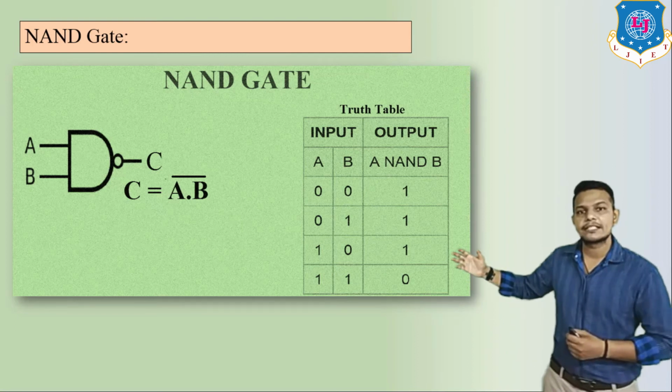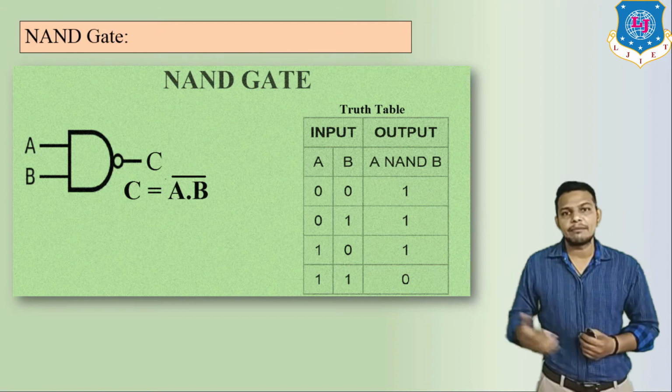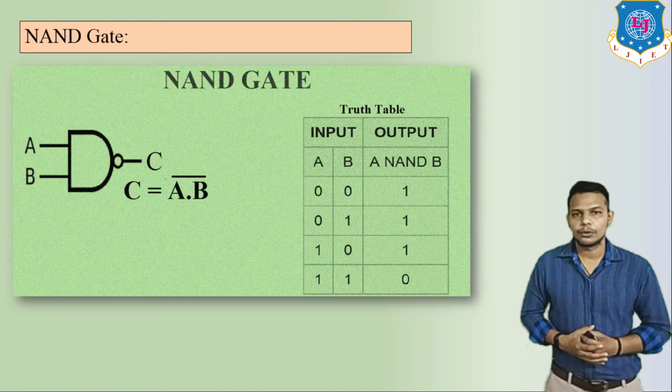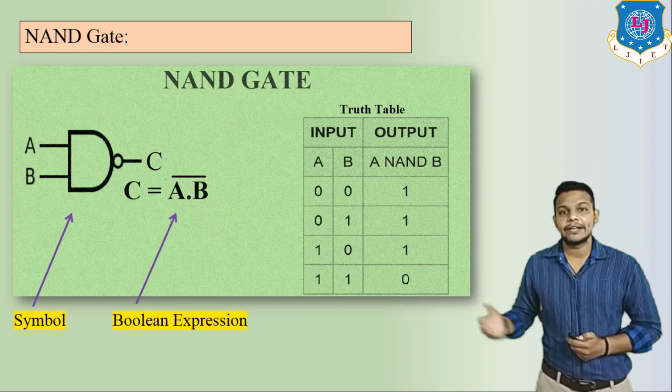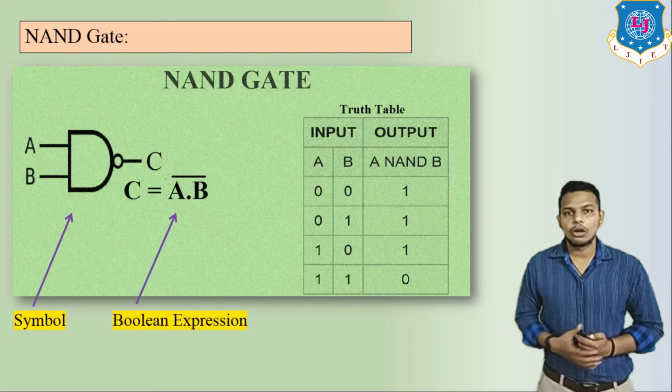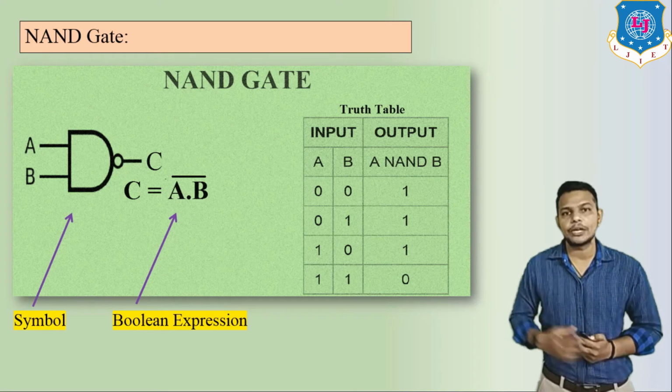So here we can see there are two inputs A and B, and we can make it 3 or 4. So its symbol here we can see, and its Boolean expression is like output, or we can say C is equal to A into B, because AND performs multiplication between two inputs.